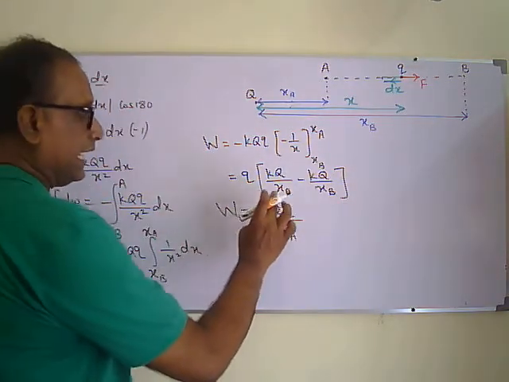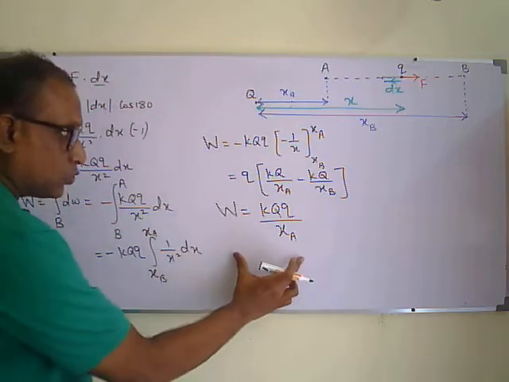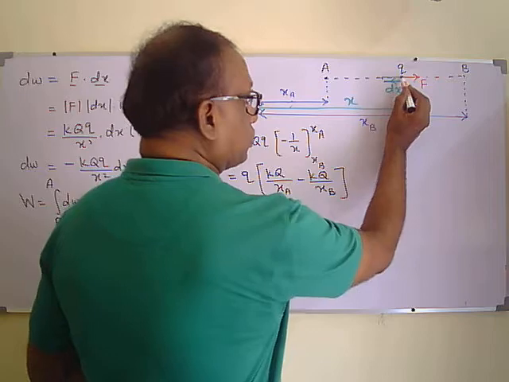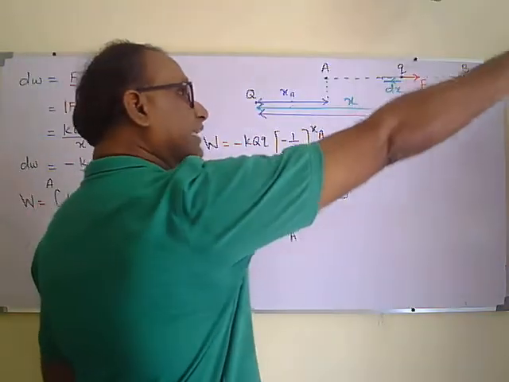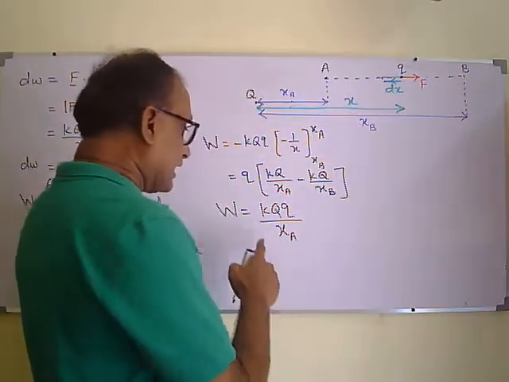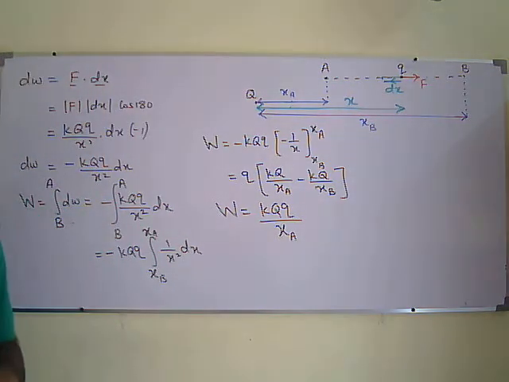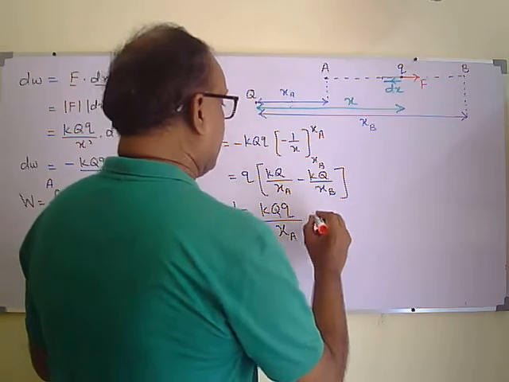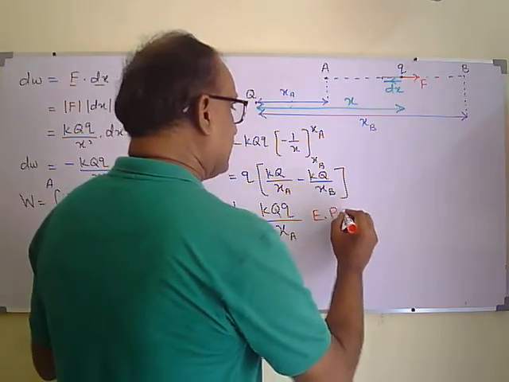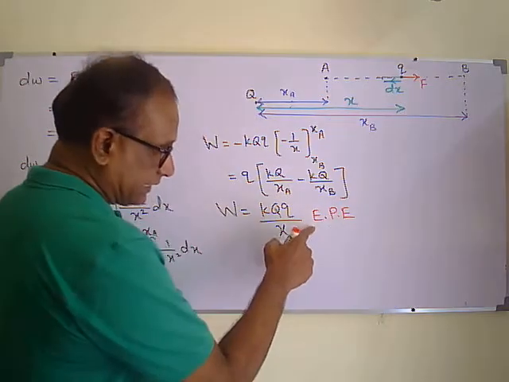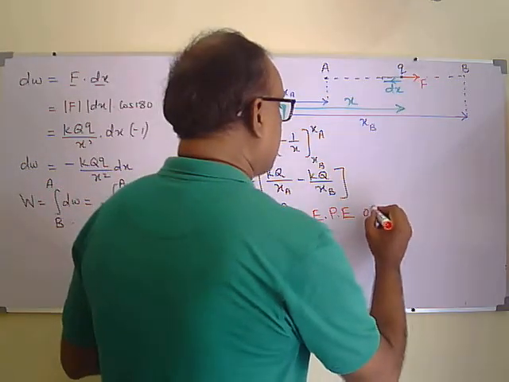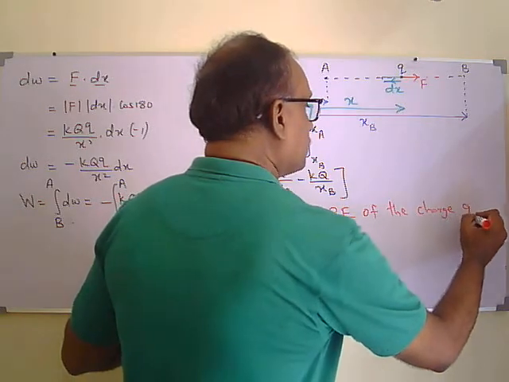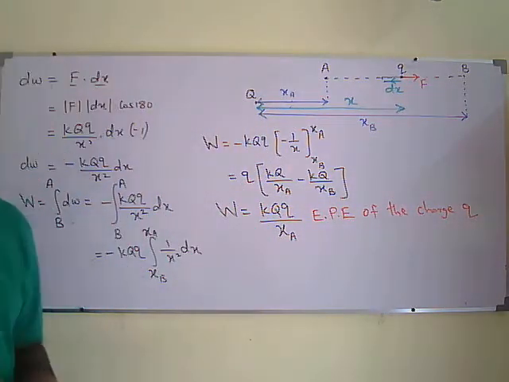So work done becomes kQq over xa, which means this quantity gives the amount of work done by charge q when it moves from infinite distance to point A. This is called the electrical potential energy of the charge q. Careful, this is called electrical potential energy, EPE, electrical potential energy of the charge q.